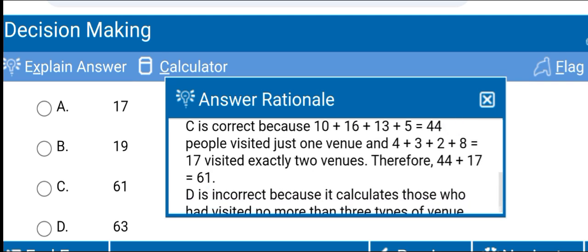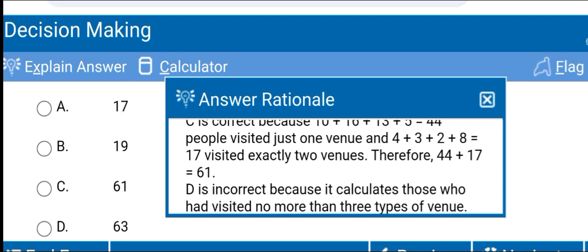C is correct because 10 plus 16 plus 13 plus 5 equals 44 people visited just one venue, and 4 plus 3 plus 2 plus 8 equals 17 visited exactly two venues. Therefore, 44 plus 17 equals 61.